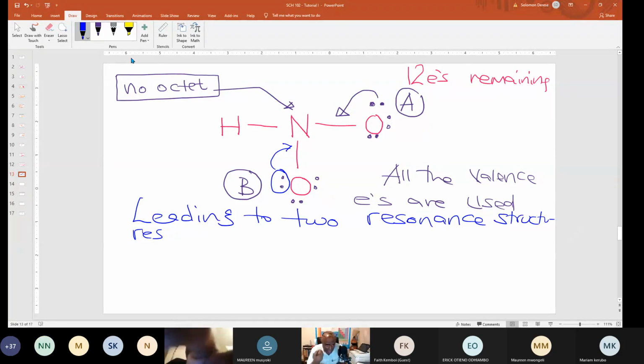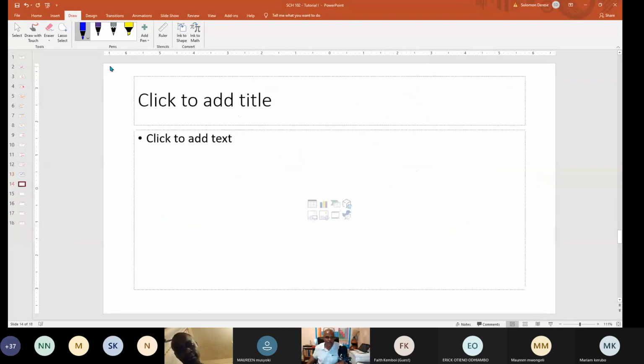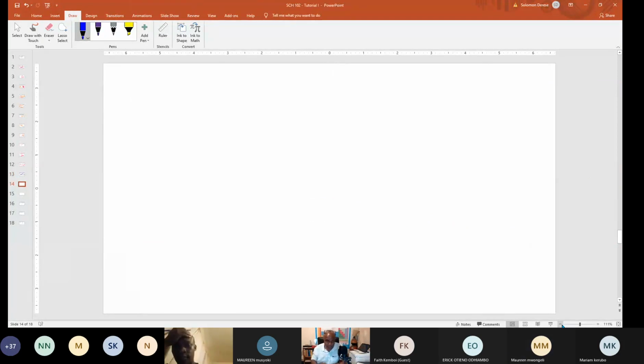So what this is telling us, when you are asked to draw the Lewis structure of a particular compound, if there are resonances, you must draw the resonances. Okay? If there are charges, you must also indicate the charges. So in this particular case, we have two possibilities. So the two possible structures are: H, with the nitrogen in the middle.